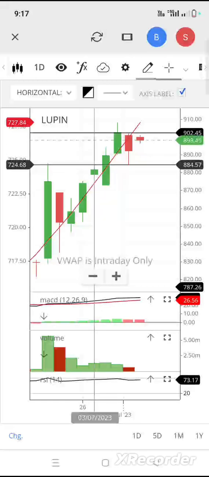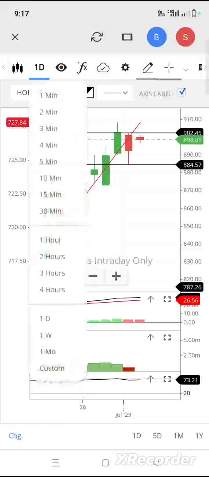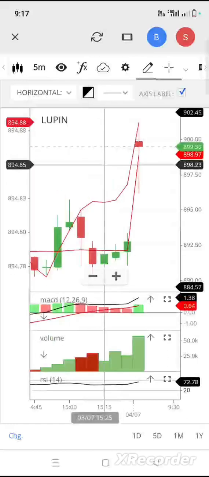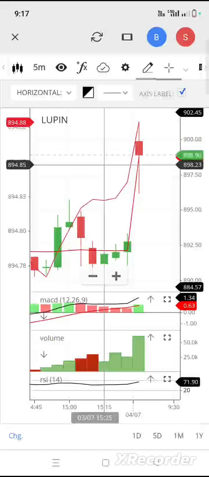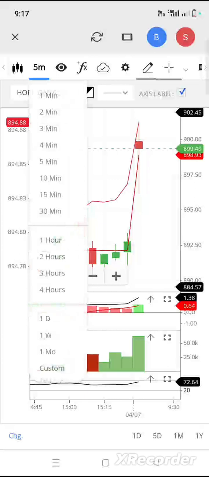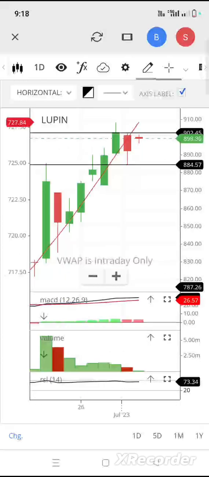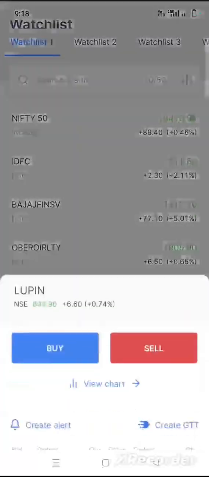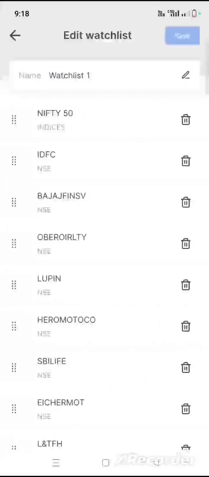So Lupin also giving partial gap up. So how I can decide whether it is partial or full gap up is, if today's market is opening within previous high and low, then it is considered as partial gap up or partial gap down. So we don't trade in partial gap up or gap down. So Lupin also not required. So we'll delete Lupin.